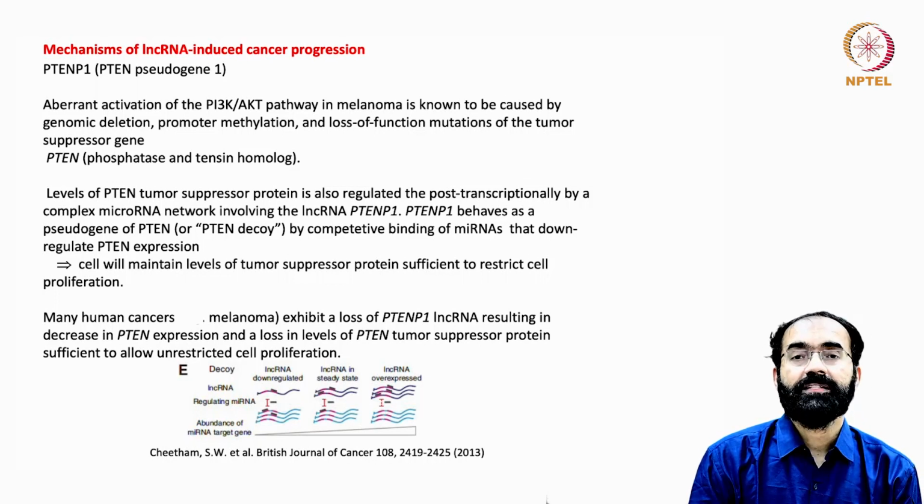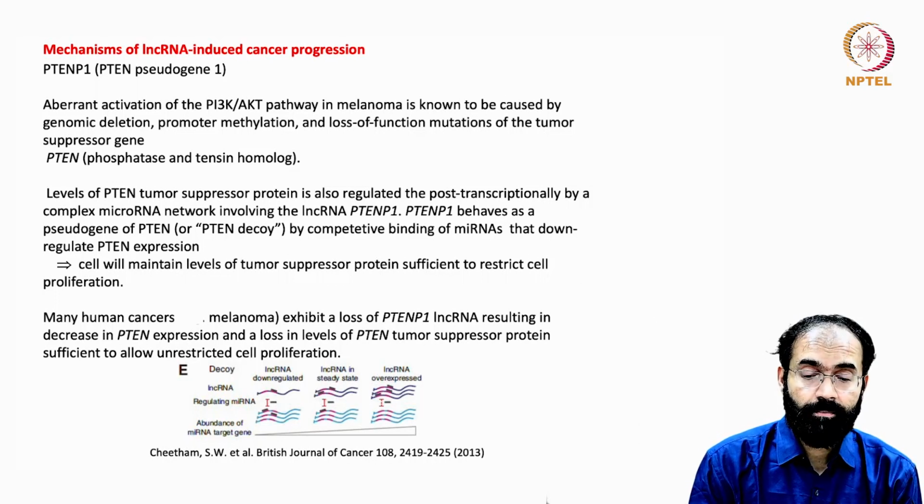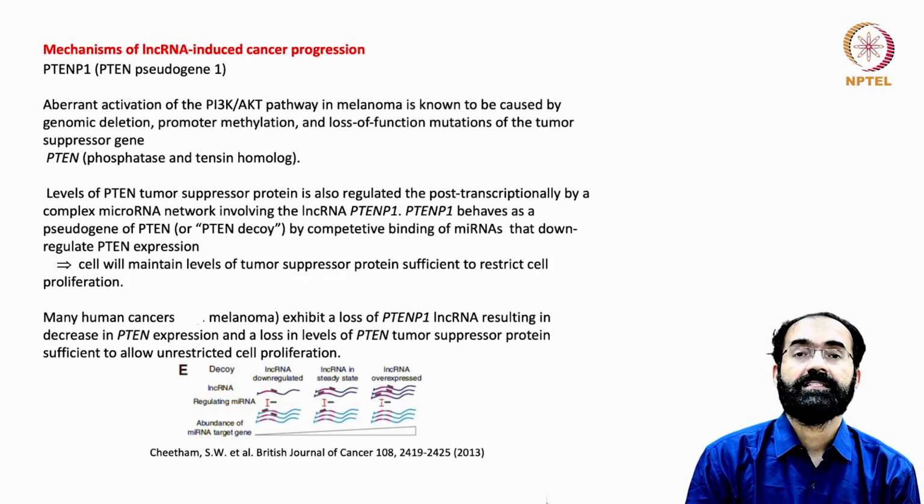So they exhibit a loss of PTENP1 long non-coding RNA, resulting in a decrease in PTEN expression, and a loss of levels of PTEN tumor suppressor protein is sufficient to allow unrestricted cell proliferation.